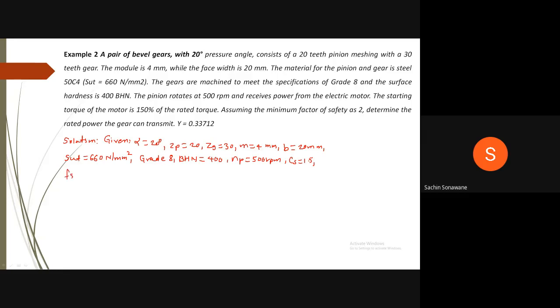Then factor of safety Fs is equal to 2. And Y Lewis form factor they have given as 0.33712. Now first of all we will determine beam strength as usual. Therefore step 1, beam strength.